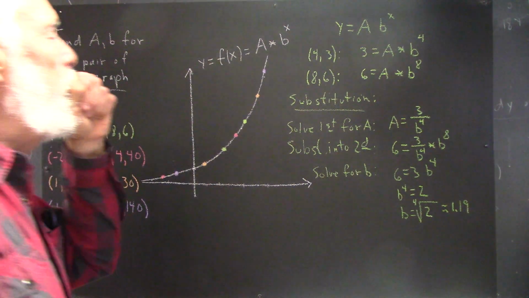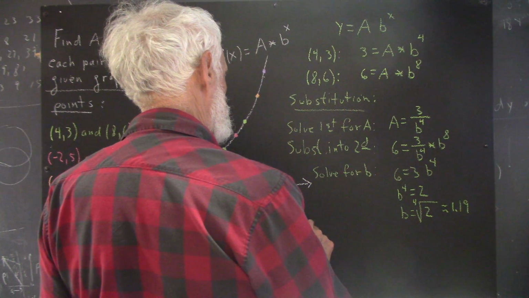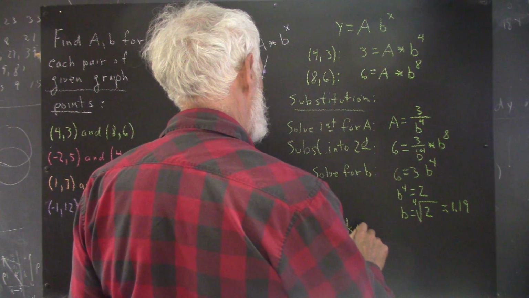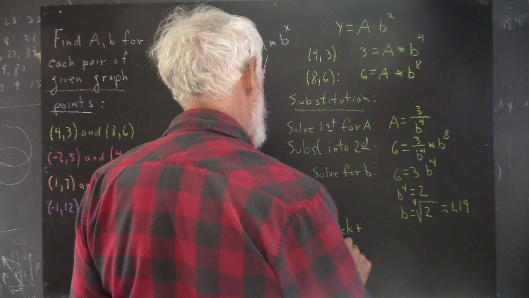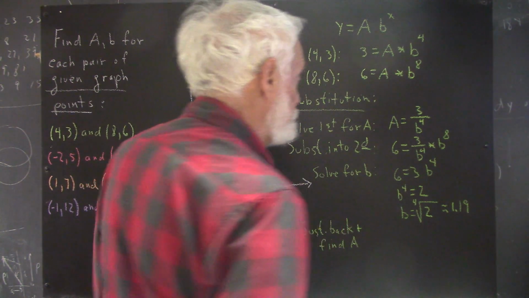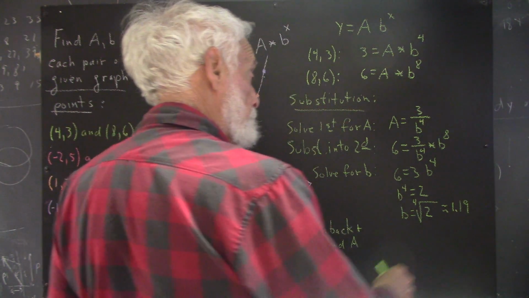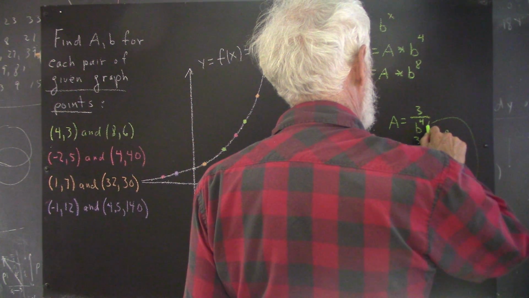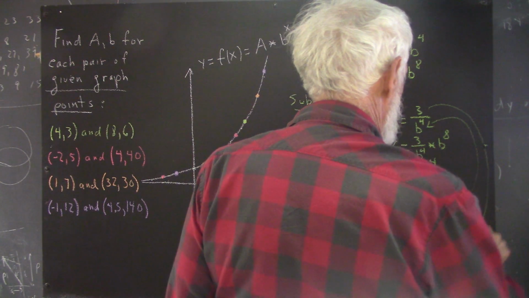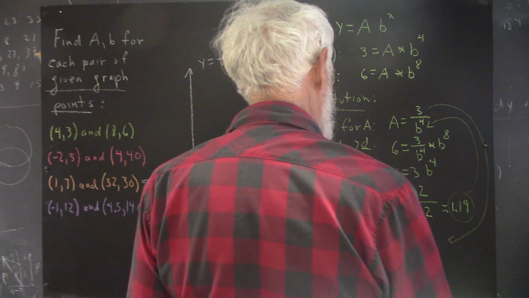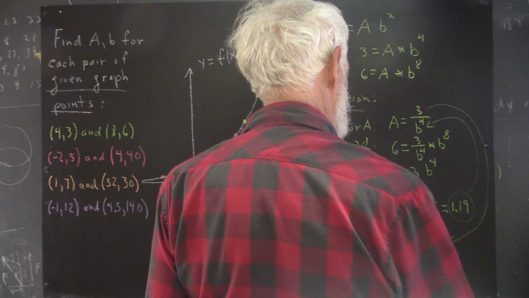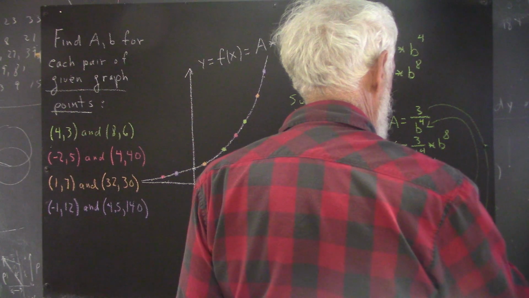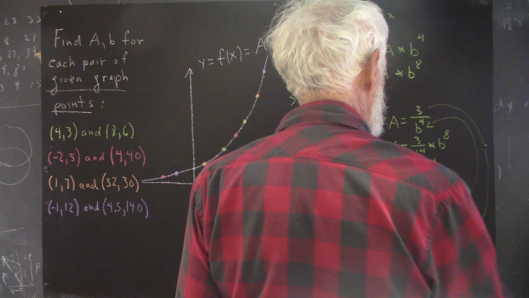Okay, you might not know how I got all those numbers, but understand the algebra of it. Okay, well, substitute back and find A. So we can take this value of b and we can plug it in right here. And what's that going to give us? That's going to give us A equals 3 over, and actually I don't want to plug this value in, I want to plug the fourth root of 2 in.